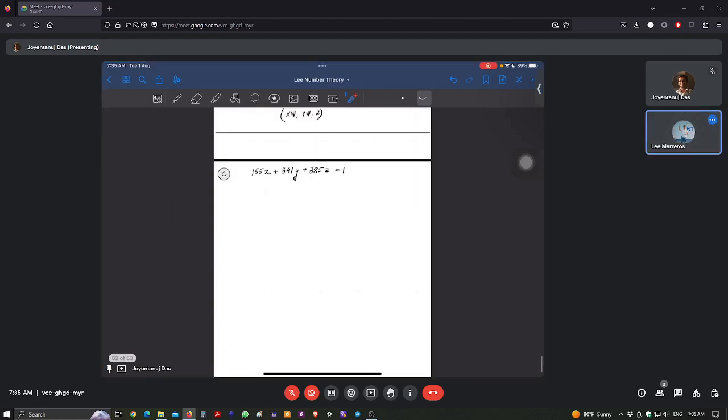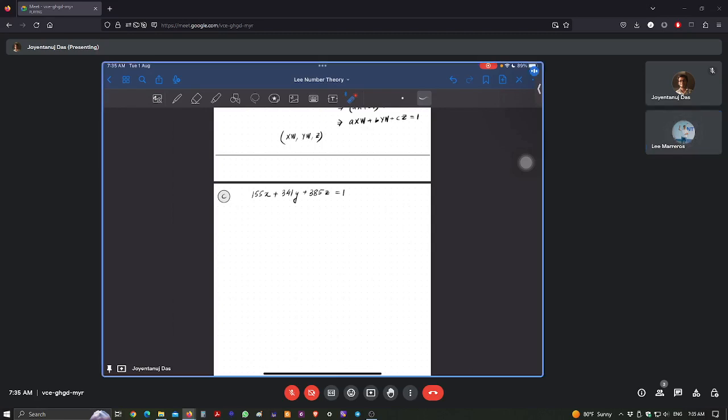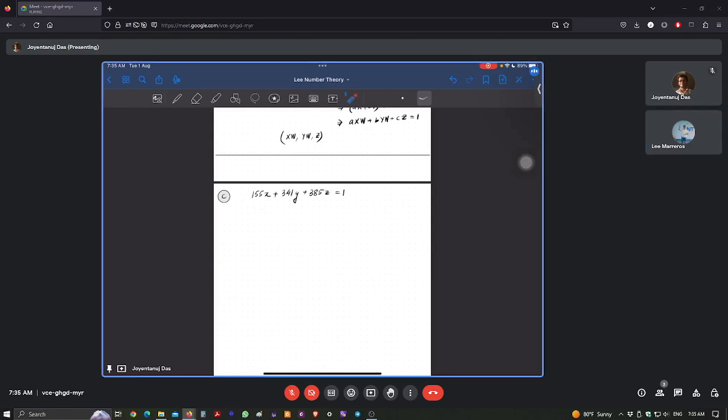We will start by saying that the GCD of that is equal to 1. First you have to prove that the GCD of these three quantities is 1, and then we can move like the previous thing to find a solution. So how can we do that?